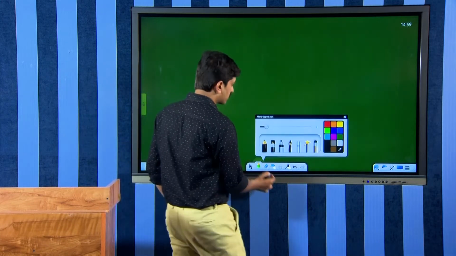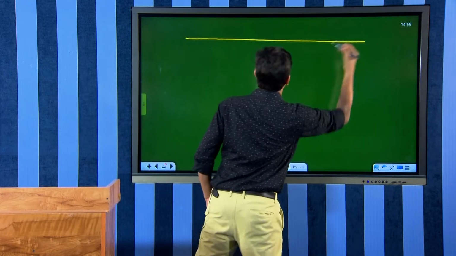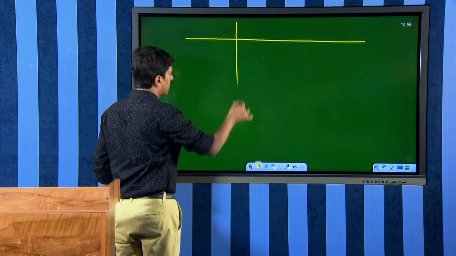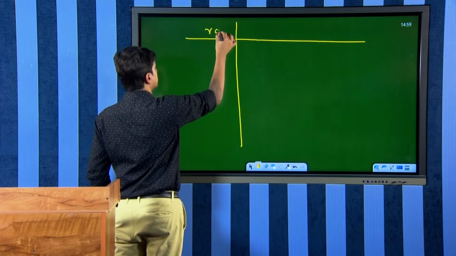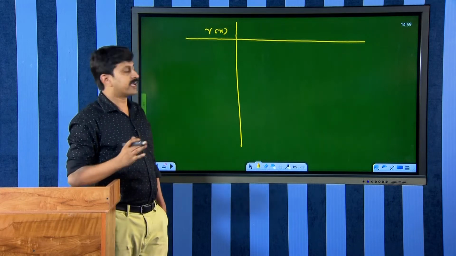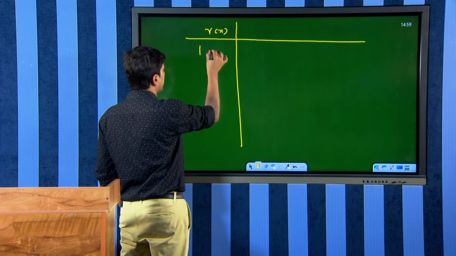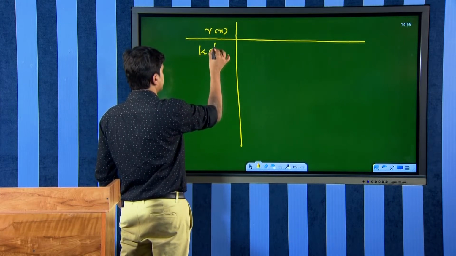Based on the value of r of x, maybe r of x is an exponential function, equal to some k e raised to px.